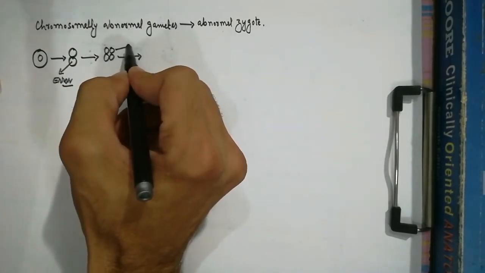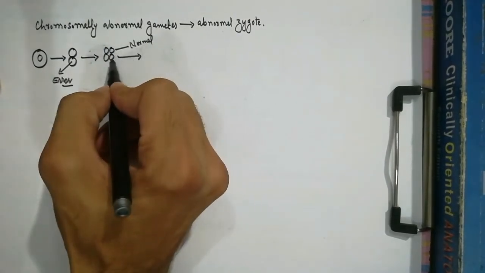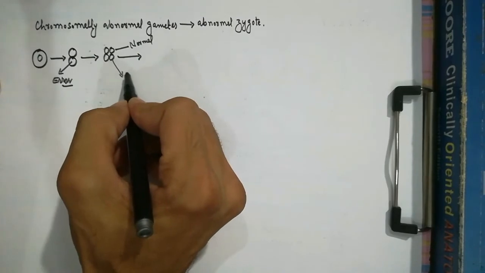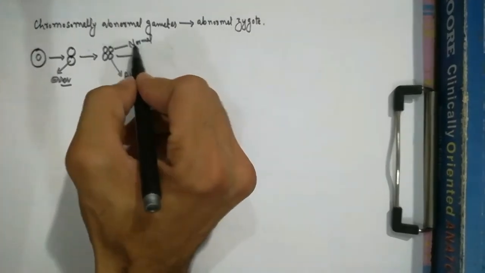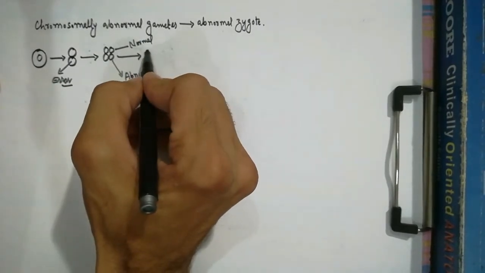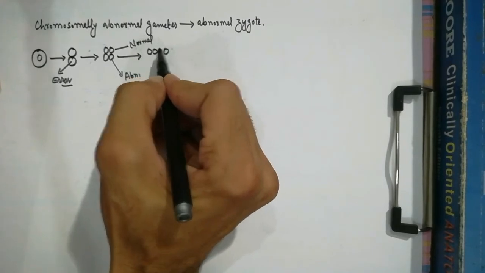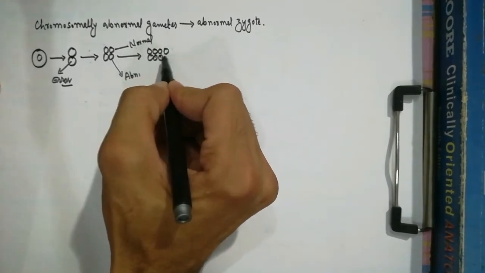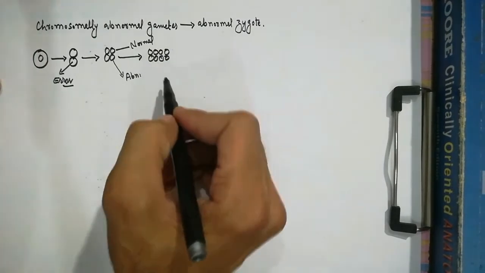Means these two cells are normal and these two cells are abnormal. In this way, when further these cells divide, these are normal cells and these are abnormal cells.